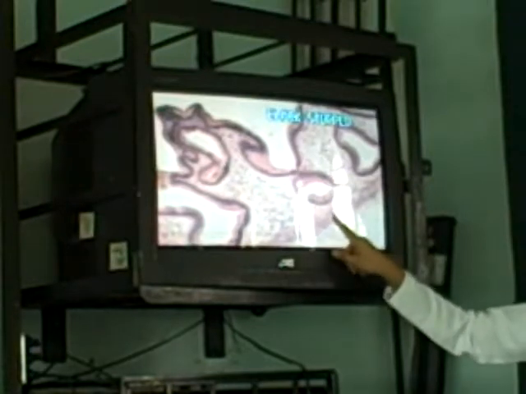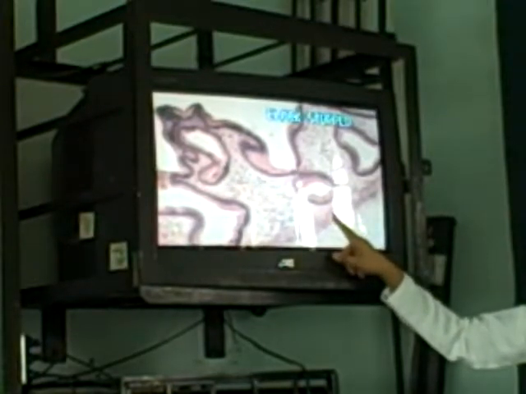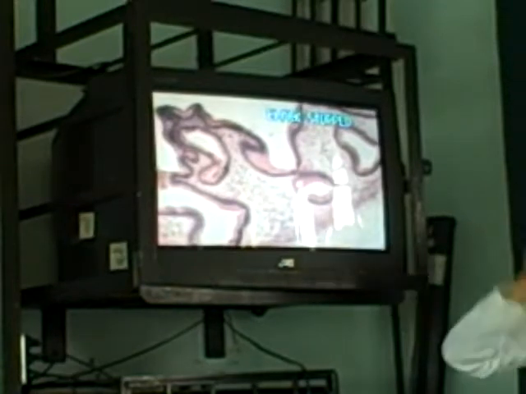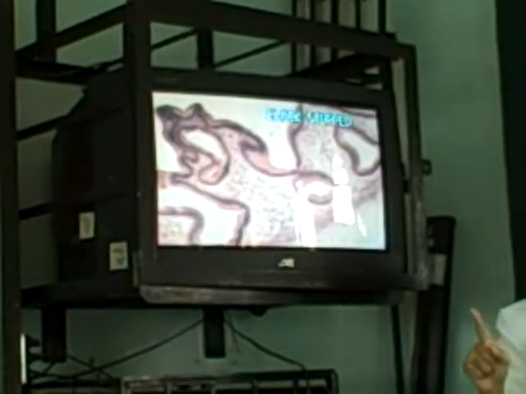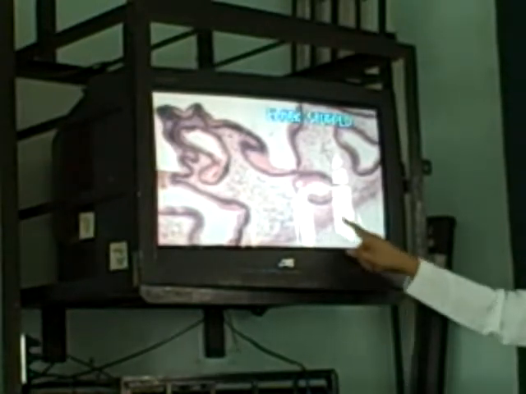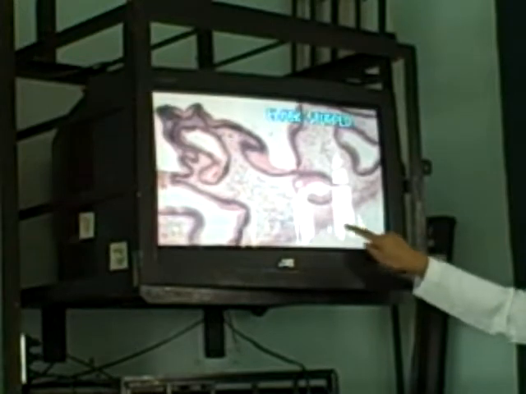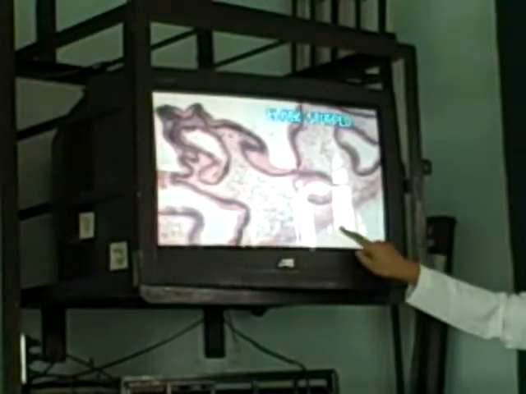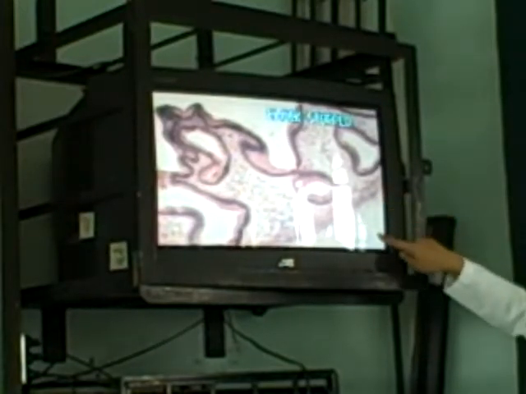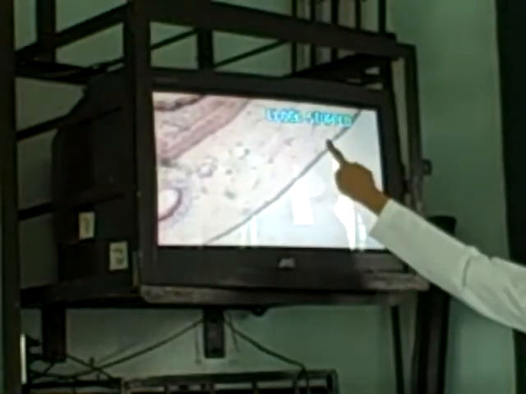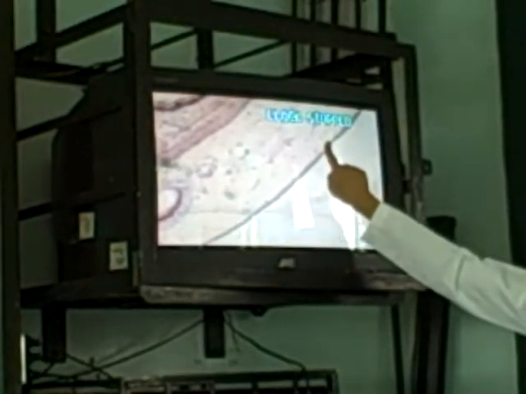Next is the fibromuscular layer, made up of elastic fibers and smooth muscle. That's why it's fibromuscular: the fibrous portion is the elastic fiber and the muscular portion is the smooth muscle. It is followed by a thin perimuscular layer. Then let's check if that is only adventitia. That's serosa, because it is bounded by simple squamous epithelium, or mesothelium.